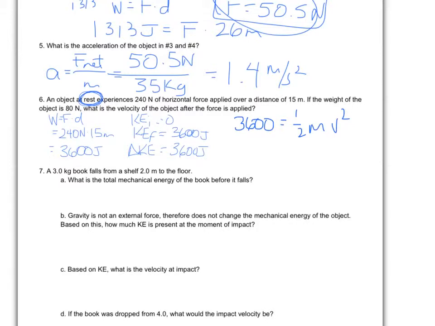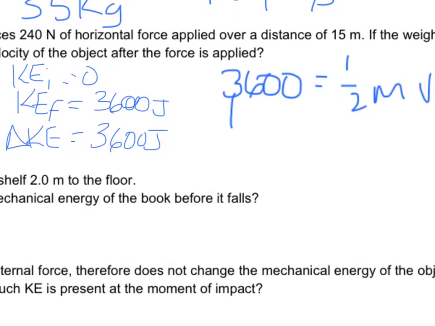And we're sort of given the mass. Not exactly, it's the weight, but it's pretty darn close. We can figure out the weight-mass relationship using our equation Fg equals mg, where we're told the force of gravity is 80 newtons, and we can figure out the mass from there.